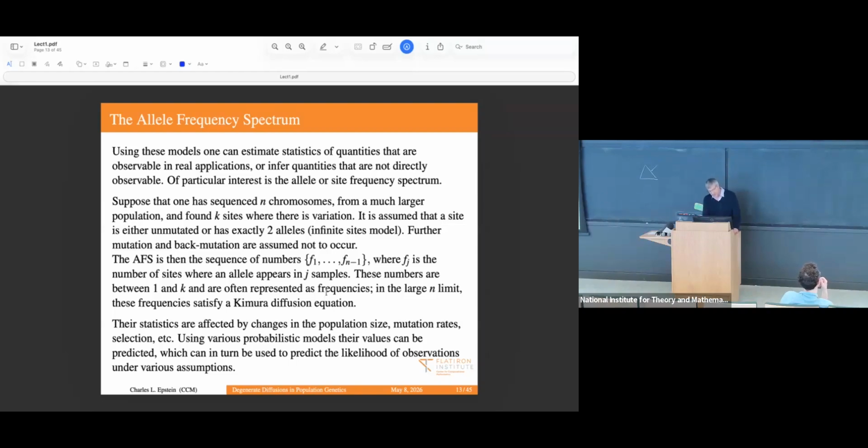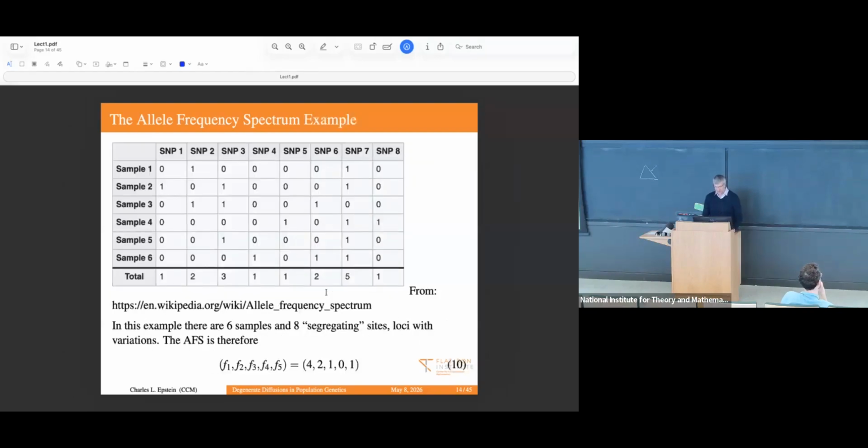Their statistics are affected by changes in the population size, by changes in mutation rate and selection. So this is really an interesting way to try to understand something about the history of a population: you look at the allele frequency spectrum, then you build models for what you think might have produced this population, and then you try to figure out what parameters in those models give the best explanation for the observed data. So this is something that's actually done.